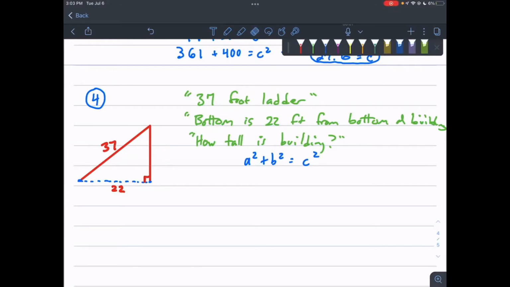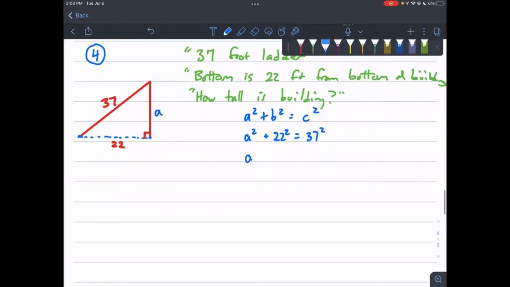So I'll go ahead and let X be A. So we've got A squared plus B, which is 22. And then C, which is 37. Make sure you square all 3 of those. Okay, so A squared plus 484 equals 1369. We do want to get the A squared by itself to start with.